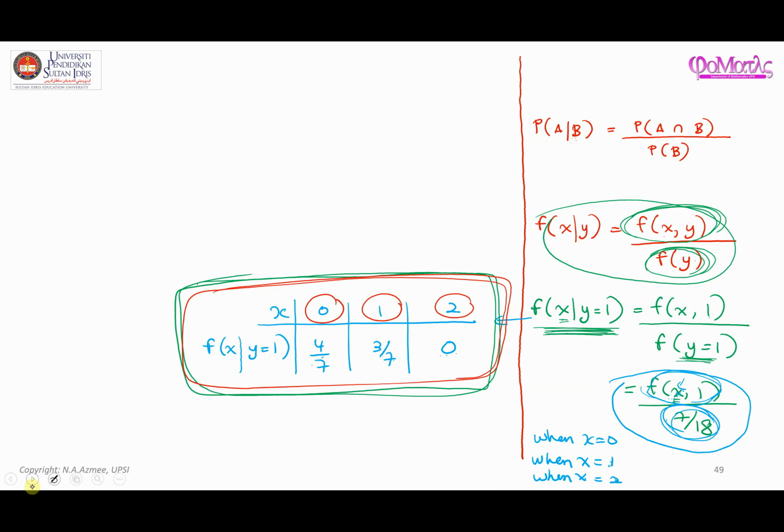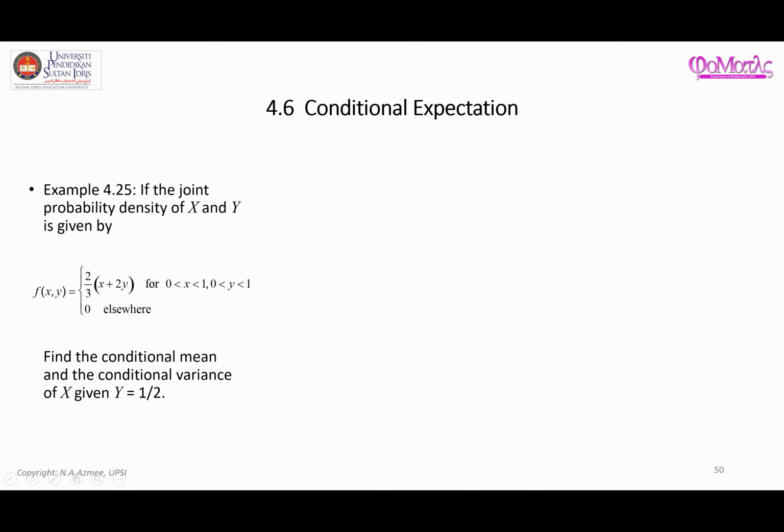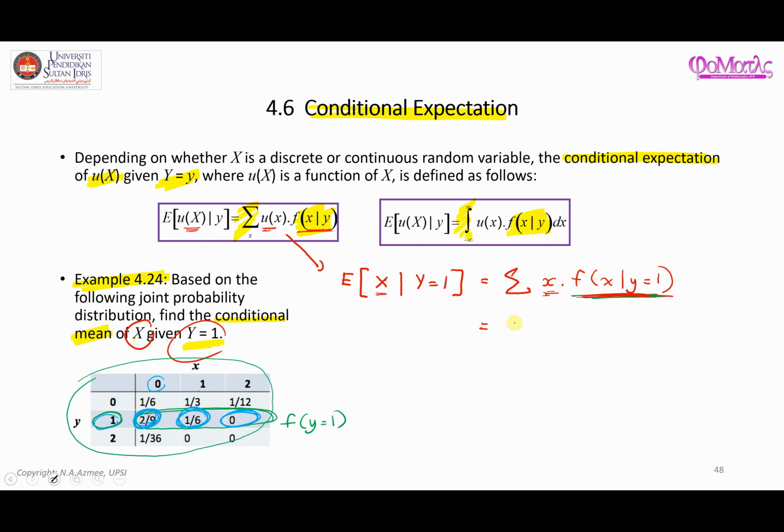So here we have 0 times f0 given y is equal to 1, and then 1 times f1 given y is equal to 1, plus 2 times f2 given y is equal to 1. And all the results here come straight from the table which we have already constructed, yeah?